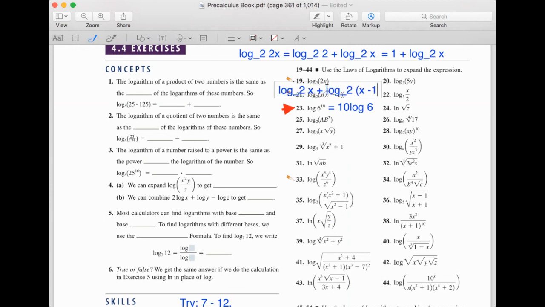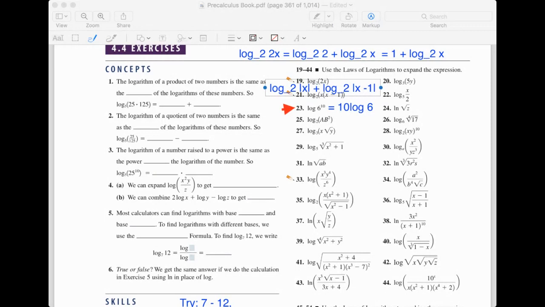Better we put an absolute value sign there, because the x value inside the log cannot be negative.